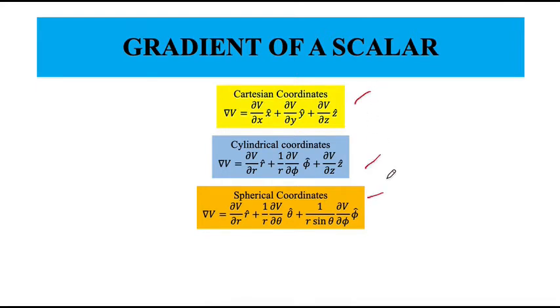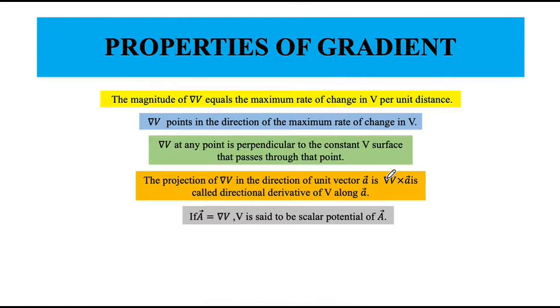so we have to remember these expressions. Next are the properties of gradient. The magnitude of the gradient is equal to the maximum rate of change in V per unit length, and the gradient of a scalar points in the direction of maximum rate of change in V. We have seen that. Then the gradient of a scalar at any point is perpendicular to the constant-V surface that passes through that point.